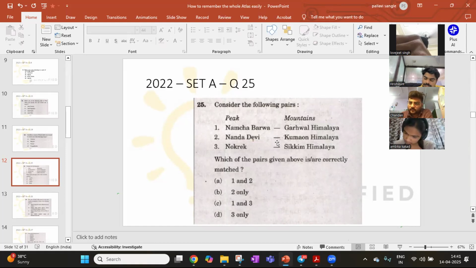In MP, we have Dhupgarh, right? Can you see Mahendragiri in Odisha? Okay, Mahendragiri in Odisha. Kalsubai in Maharashtra.